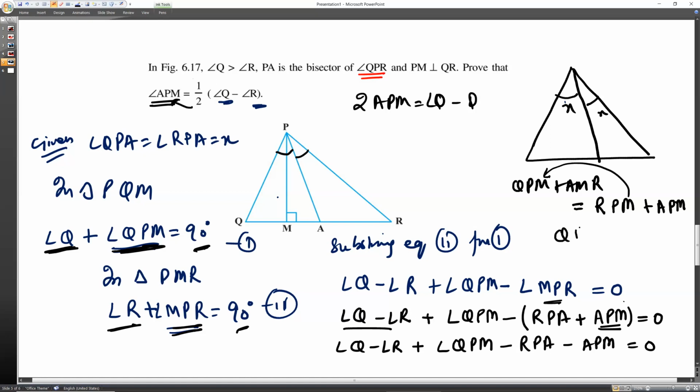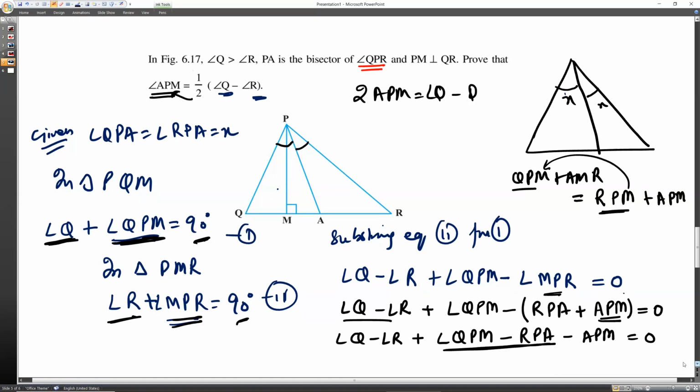So it will become QPM minus RPM. This when you subtract, what you are going to get? 2 times minus APM you will get here. The value of this one is actually APM. I will prove it.